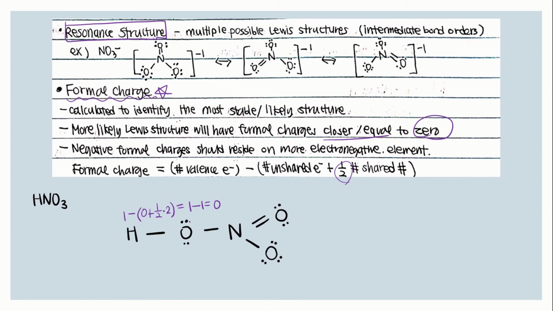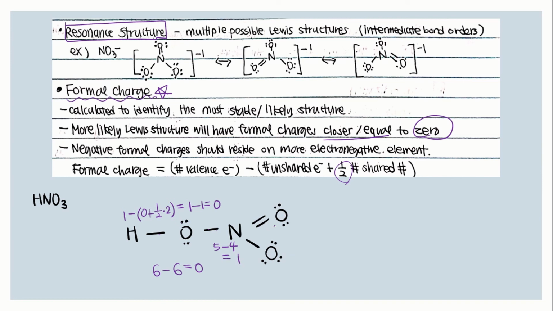So oxygen has a valence electron of 6, and you subtract the number, you just count them, 1, 2, 3, 4, 5, 6. And then you will have a formal charge of 0. And for nitrogen, it has a valence electron of 5, and minus, you just count them, 1, 2, 3, 4. So the formal charge is 1.